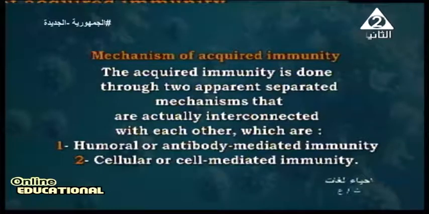toxic substance. What is the mechanism of acquired immunity? The acquired immunity is done through two apparently separate mechanisms, but actually interconnected with each other. The first is known as humoral or antibody mediated immunity, and the second is known as cellular or cell mediated immunity.